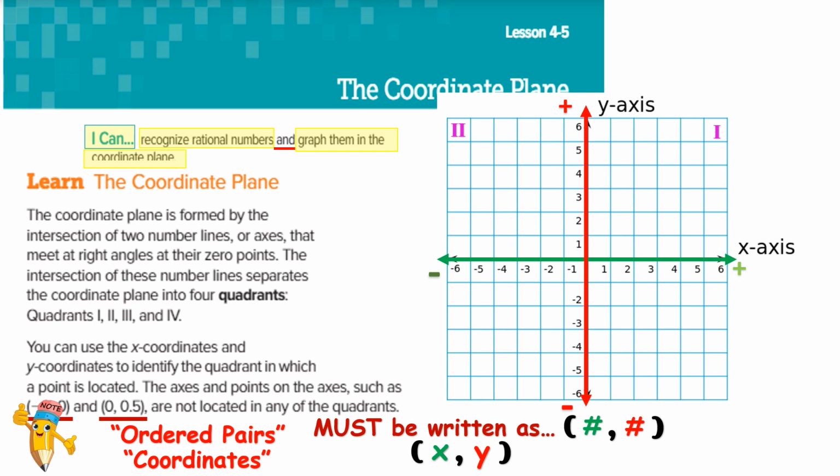But the y's are both going to be positive. When I look at quadrant 3, though, it's going to go backwards and down. So it's going to be a negative x followed by a negative y. And when I look at quadrant 4, I'm going to go forward, but I'm going to jump down. So it'll be a positive followed by a negative.